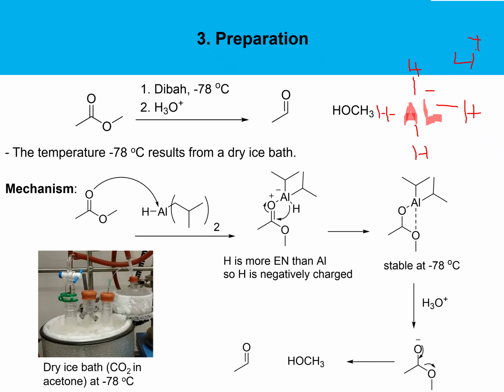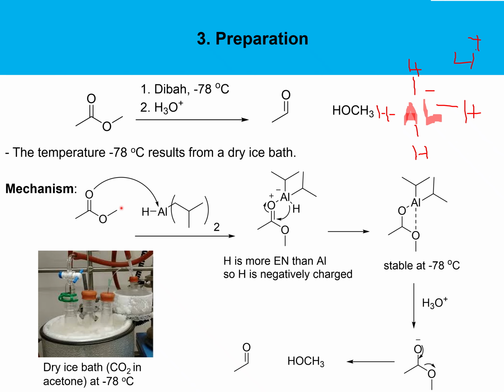DIBAL, to begin with, as shown here in the beginning, only has three groups, so there is no formal negative charge on this aluminum. Once it binds to the ester, it picks up that negative charge. So now this starts to look more like lithium aluminum hydride, which is already set up to be a hydride reagent from the beginning.